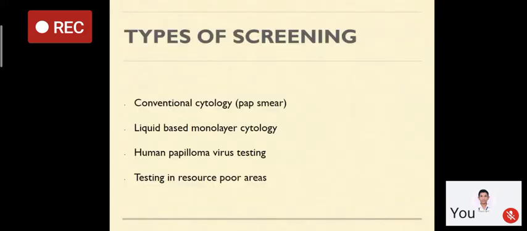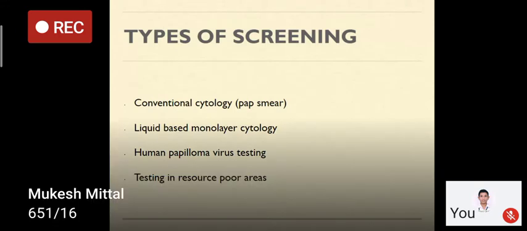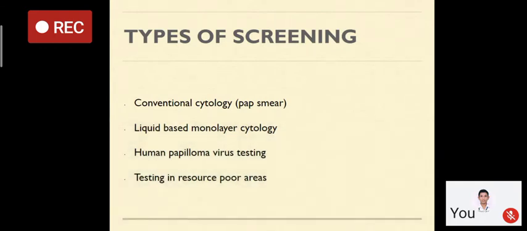Then what are the types of screening methods which can be applied to the girl or woman? One is conventional cytology, which you all know, pap smear, which is done by Ayre spatula. Okay, and the slide is made. And then other is liquid based monolayer cytology, which we are doing nowadays. And then HPV viral testing. We test for the presence of HPV 16 and 18 in the cervical secretions.